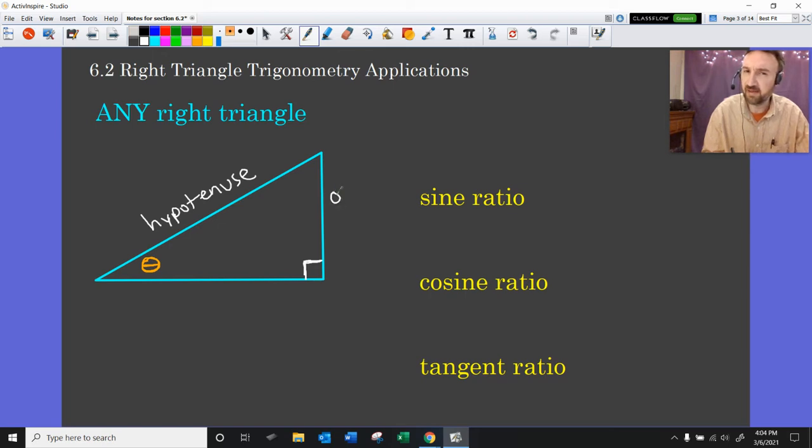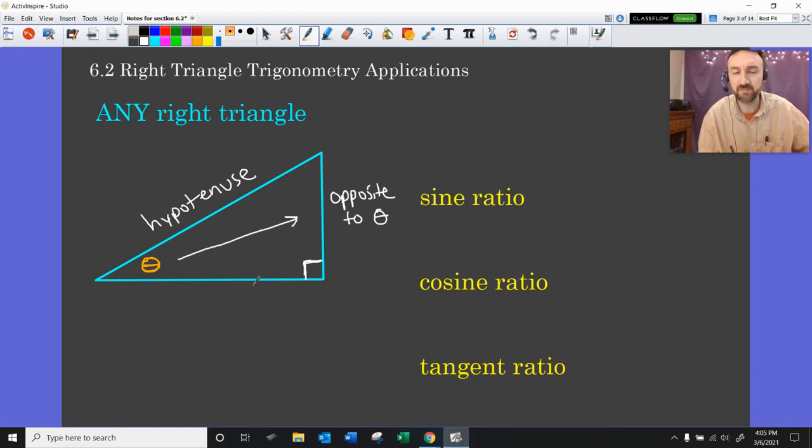I think it's a good idea to write opposite to theta. It's across from theta, like that. And then the remaining side is next to theta. We use a different word. We say adjacent.